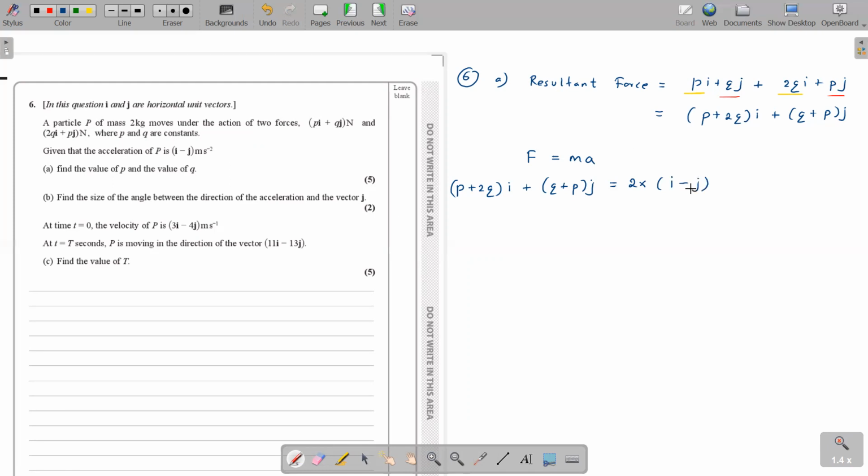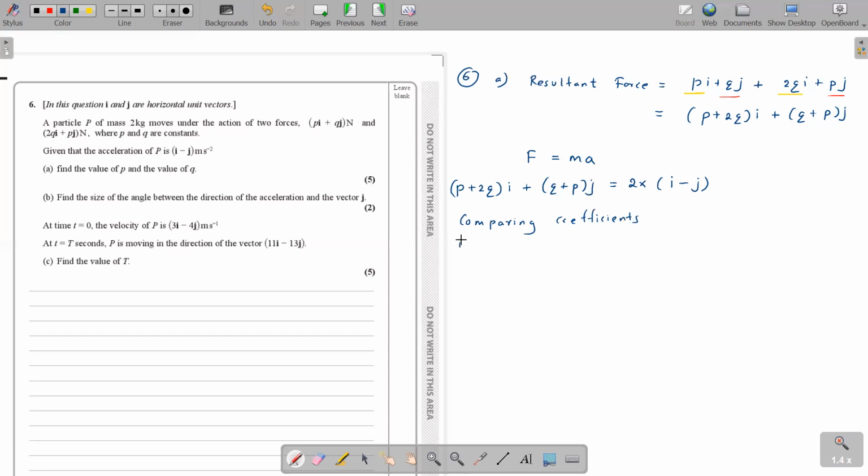Now they're asking you to find the value of P and Q. It's simply a matter of comparing coefficients, because the i coefficients on both sides must be equal to each other and the j coefficients on both sides must be equal to each other.